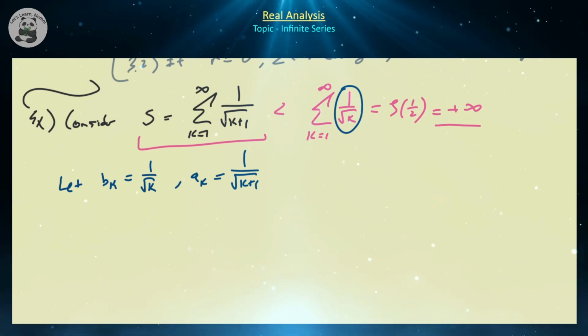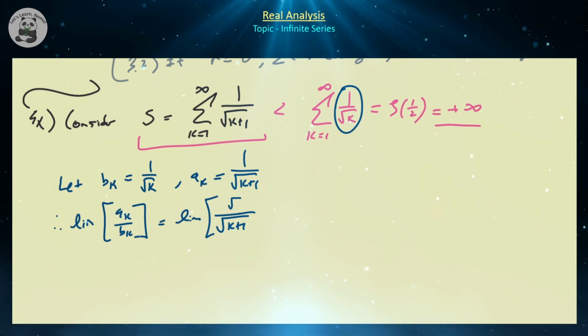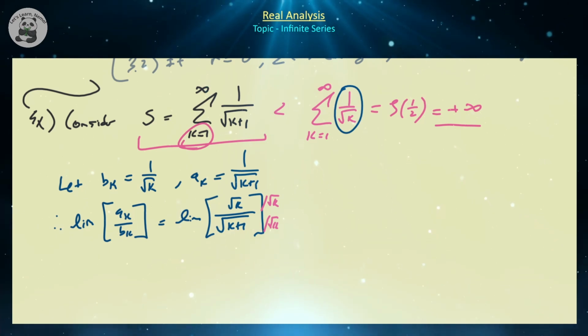Now I'm going to look at the limit of the quotient ak over bk, which is equal to the limit of 1 over the square root of k plus 1 on the bottom, and then the square root of k on the top. Once I have that, I'm going to divide both sides by the square root of k. Keep in mind, k is never equal to 0 or negative 1, so there's nothing preventing us from doing this.